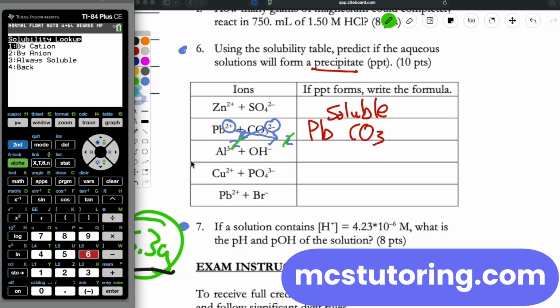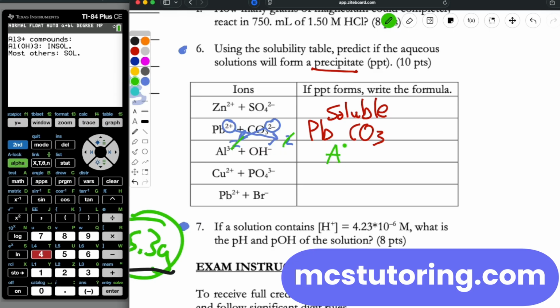Okay, cation. Let's try it by cation. Man, tell me we got aluminum. Good. Al3 plus. Okay. AlOH3 is insoluble. Oh, good. It's insoluble. What does insoluble mean? Forms precipitate. So we're going to write, oh my gosh, and the calculator program wrote it down for me. Because you see, look, it follows that same deal, right?